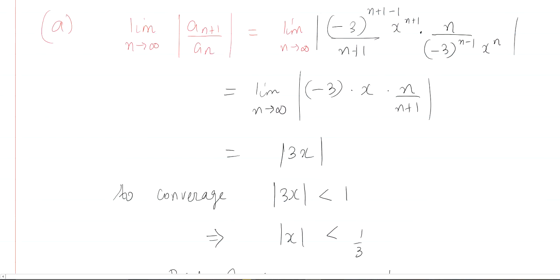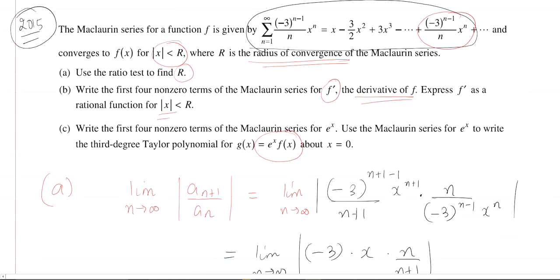All right, so we take care of the first part of the problem. Then the second part says write down the first 4 non-zero terms of the Maclaurin series for f prime. When you're dealing with derivatives, it's always a good idea to look at a bunch of terms from the function itself expanded.